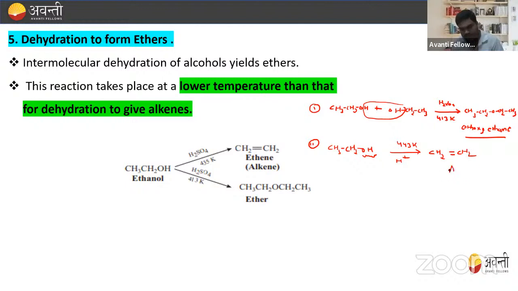Always remember this: the formation of alkene. At 413 Kelvin, ethoxyethane or ether forms, and at 443 Kelvin, alkene forms. Intermolecular dehydration of alcohol gives ether, and this reaction takes place at a lower temperature than dehydration to give alkene.